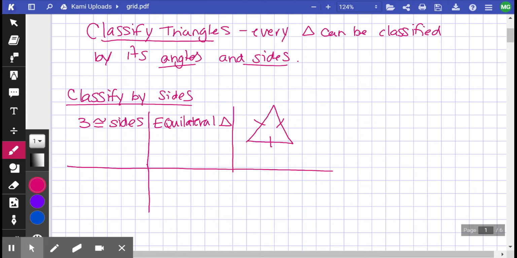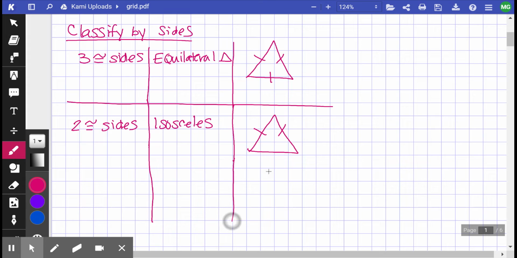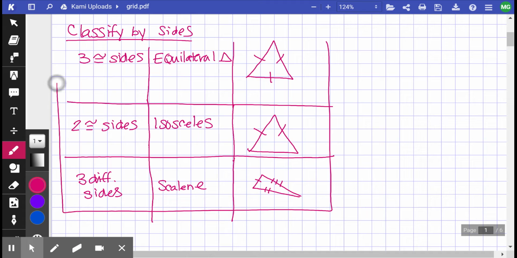Okay, well, now if we have just two congruent sides, that's called isosceles. And if you have three different length sides, that's called scalene. So all three sides would be different.